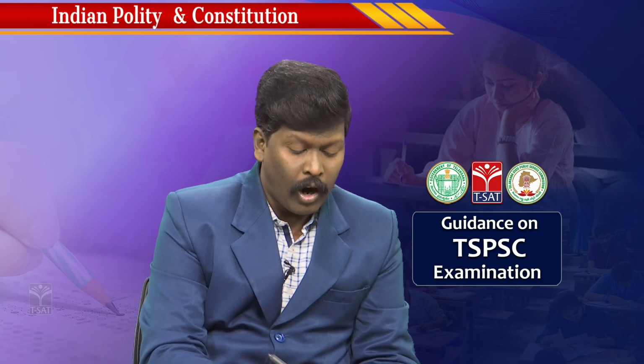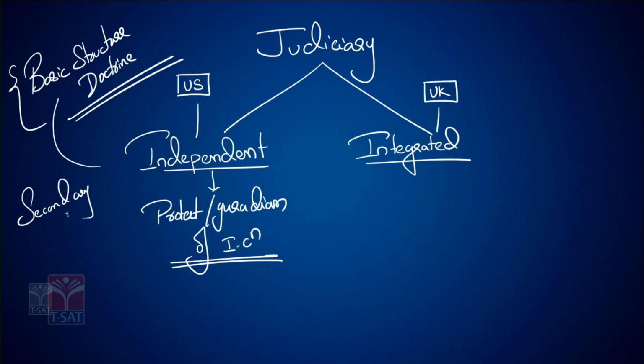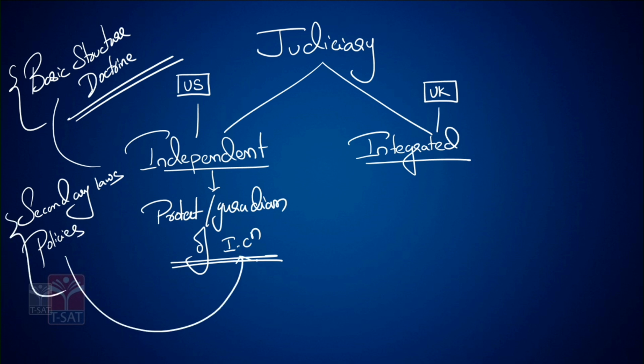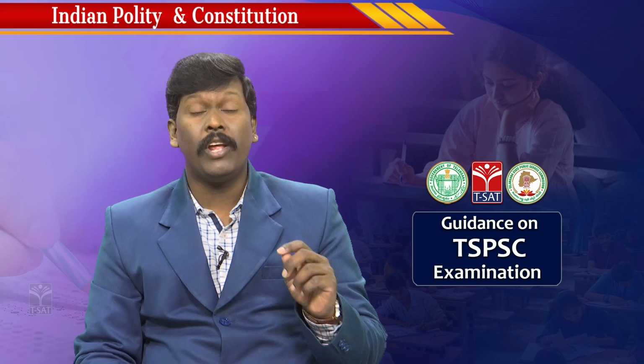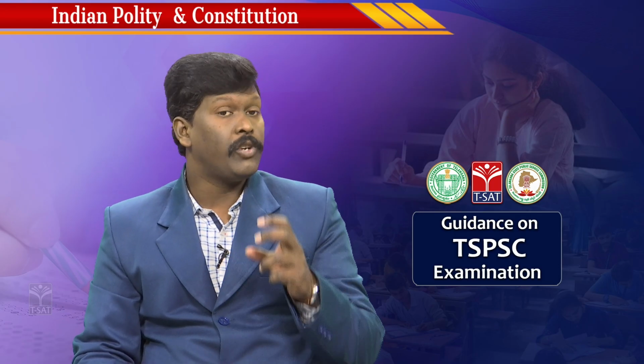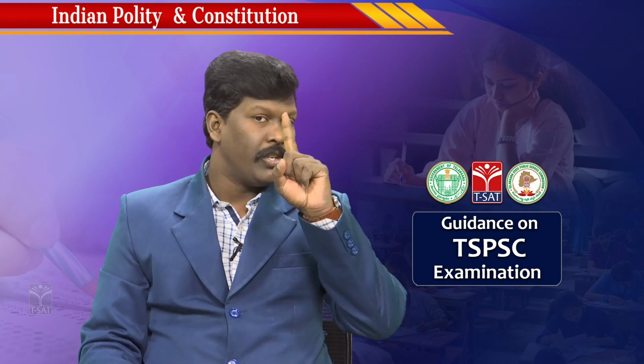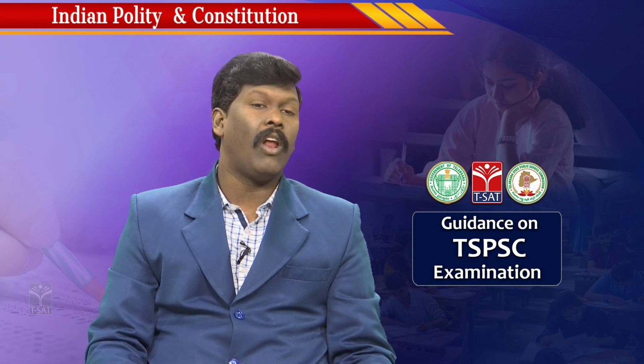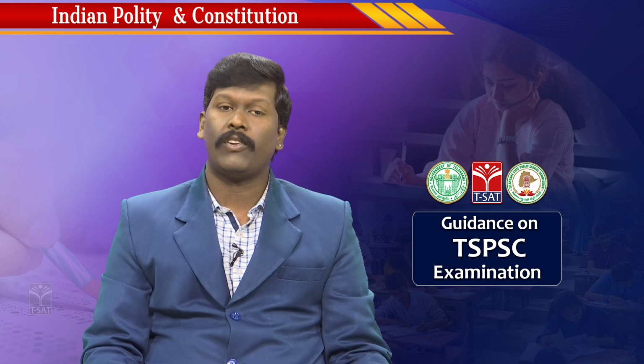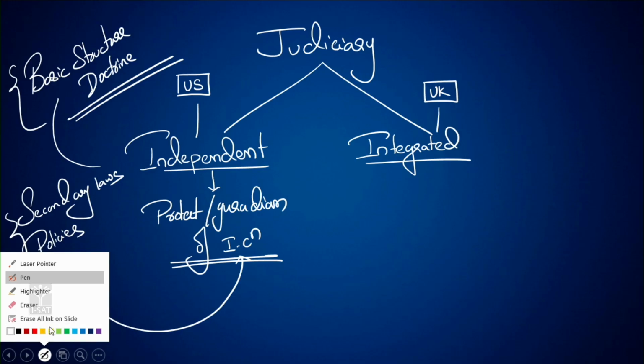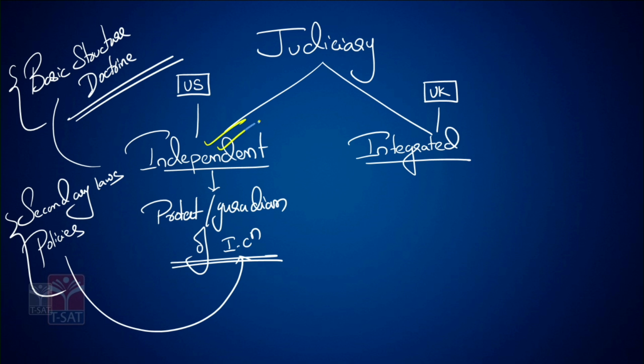Judiciary ensures that all the secondary laws and policies are aligned with the Indian Constitution. Judiciary ensures that every other law and policy in India is aligned to the Constitution of India, and so the Indian judiciary must be independent to ensure that constitutionalism and constitutional morality are not diluted.